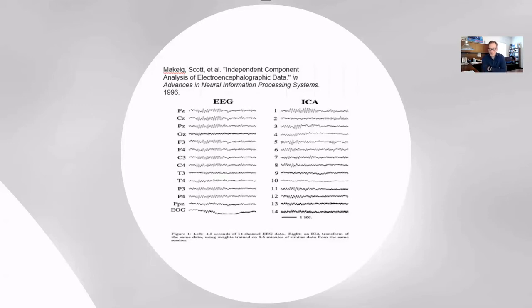ICA is a statistical procedure that at its heart basically reshuffles the deck and puts statistically unique information into different categories, or different components. Those are labeled from 1 to 14. So you can see it changes what's at the channel level and puts it at the component level.